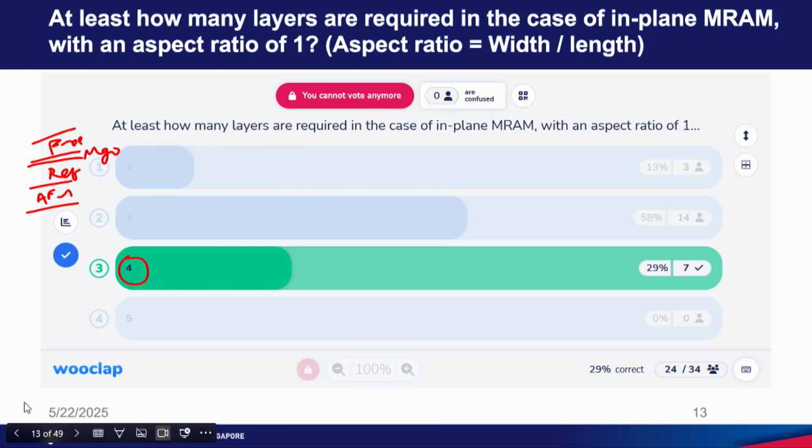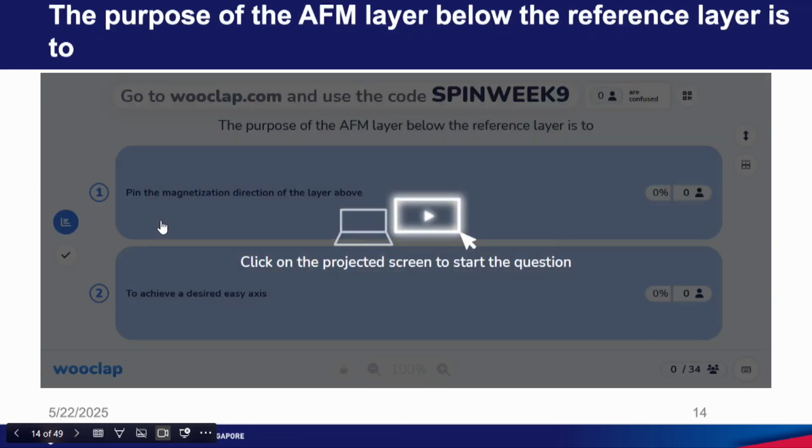Okay, correct answer is 4. Okay, next question.